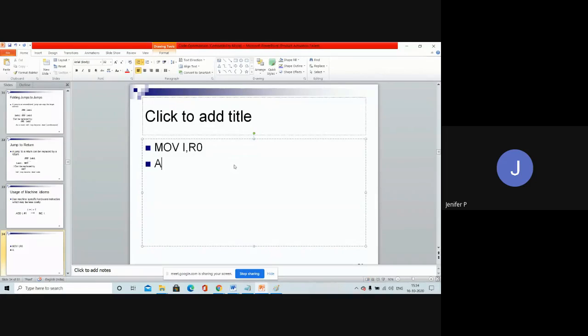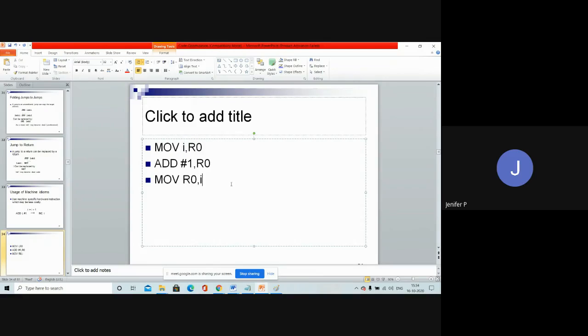Then I am adding: the I value is in R naught, so add hash 1 comma R naught. Now the answer is present in R naught, so I can move it to I: move R naught comma I. So this is one kind of statement.